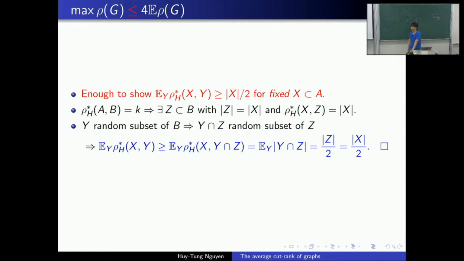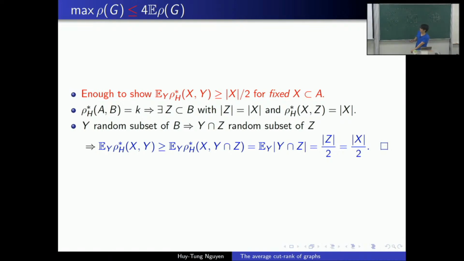But I know that there are a lot of examples where the maximum cut rank is very close to the average cut rank. There are a lot of examples where they are very close to each other and actually close to half of the size of the graph. A lot of examples. But this constant term 4, I'm not so sure.